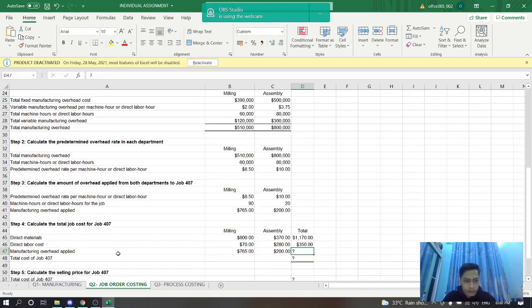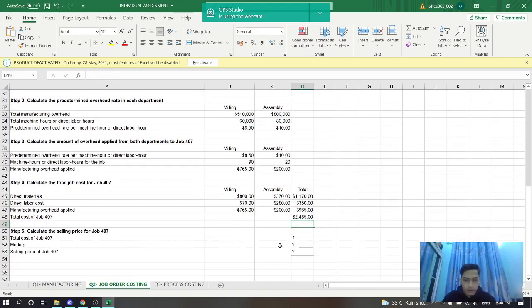Okay, next the manufacturing overhead applied. Manufacturing overhead applied is the sum of these two, milling and assembly. And then total jobs is total sum of these three.